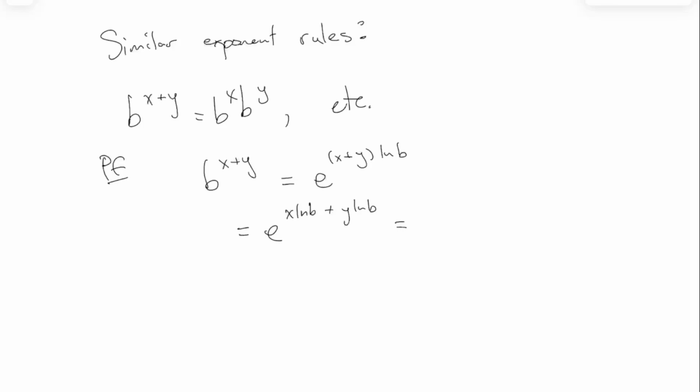What else? We can use our facts that we already know about powers of e, right? We talked about those last time. Anyone have a fact about powers of e that we could use here?